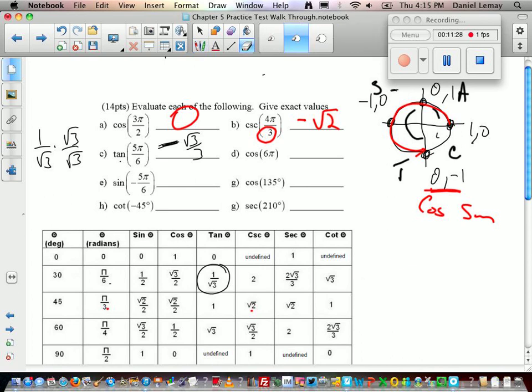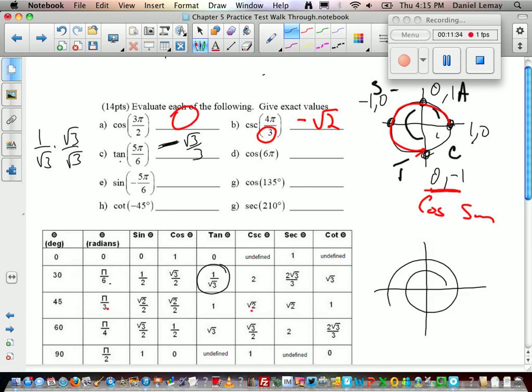The cosine of 6 pi, well, let's see. That's 2 pi, 4 pi, 6 pi. So that's falling right there, the same thing as those points. We're looking for cosine. Cosine is x. Answer is 1.